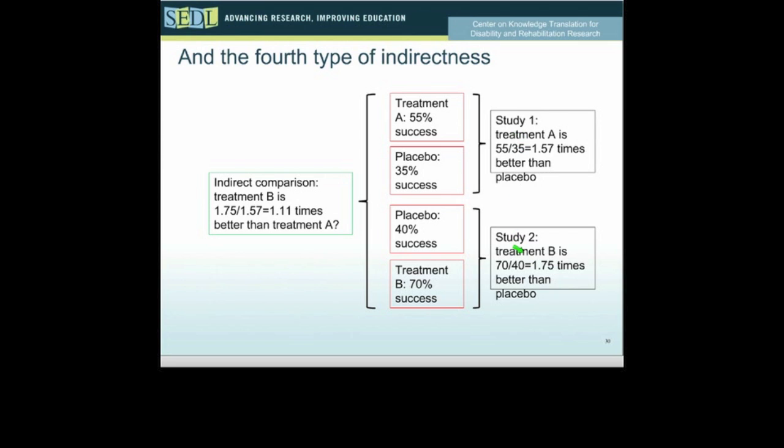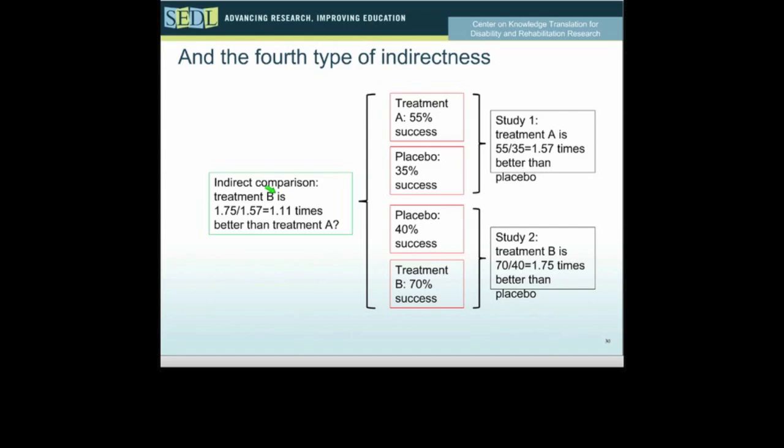Nobody ever compared them directly, but they both have been compared with placebo. So indirectly, we have a comparison. 1.75 divided by 1.57 is 1.11. Treatment B can be said to be 1.11 times as good as treatment A.